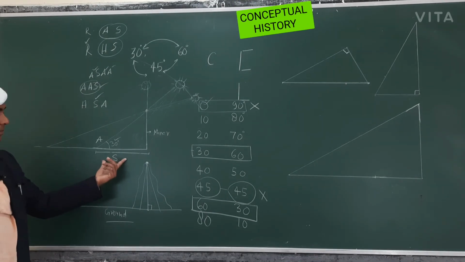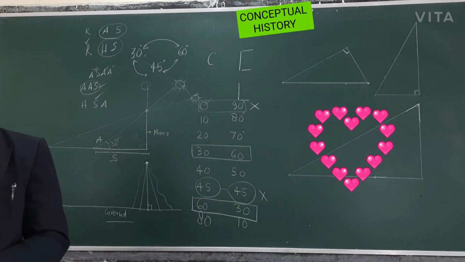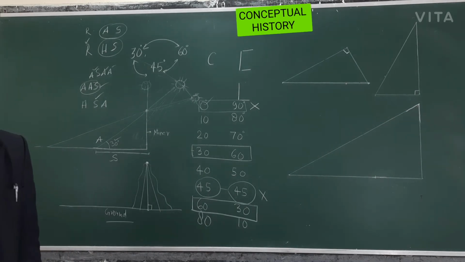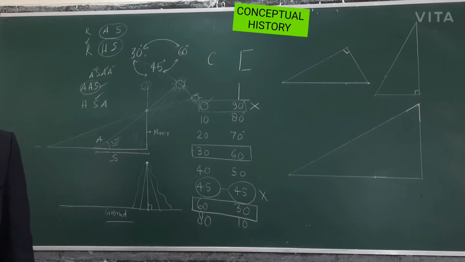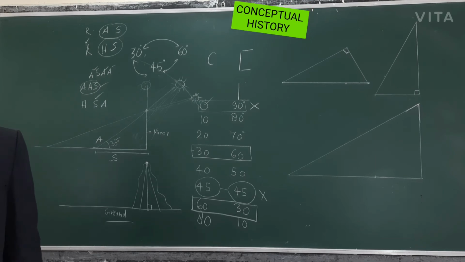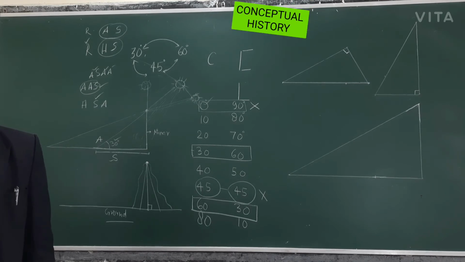And the questions are very simple in your example number 1. Example number 1, only one right angle. Example number 2, one right angle, and you will see 60 degree and some height is given. In example number 3, one right angle and the below side is a rectangle.